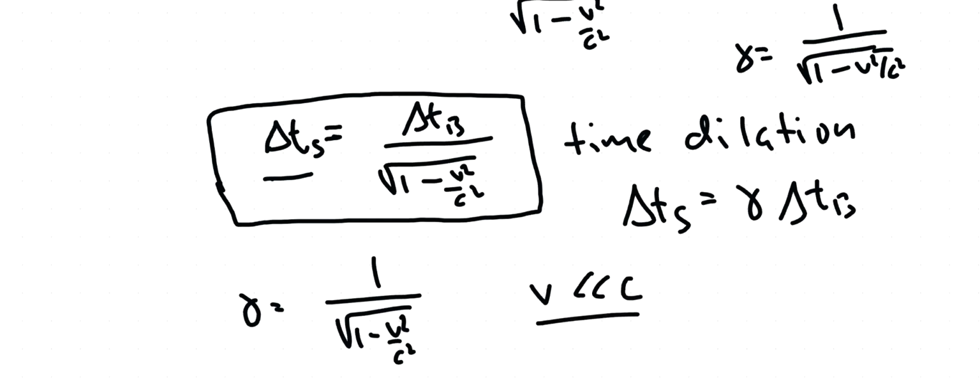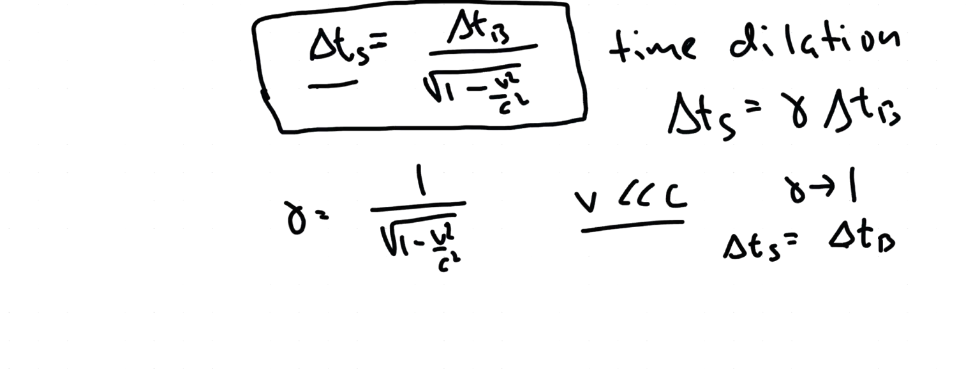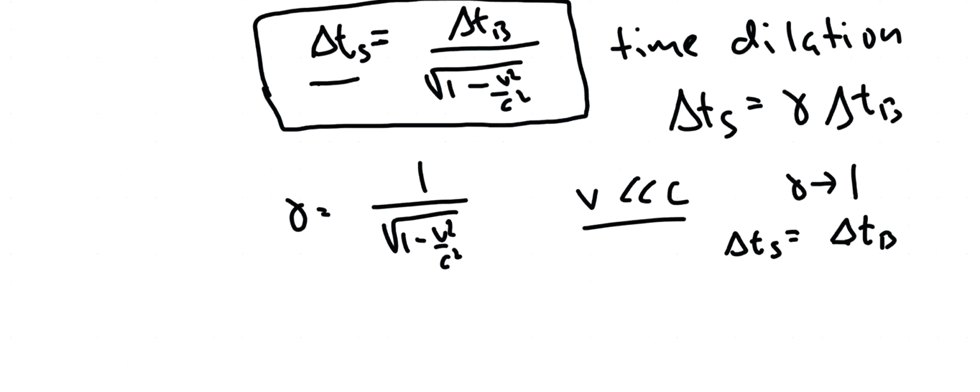So this means that in this case, gamma tends to 1, and we recover the Galilean result, in which the two observers in the different reference frames will be measuring the same time between the two events.